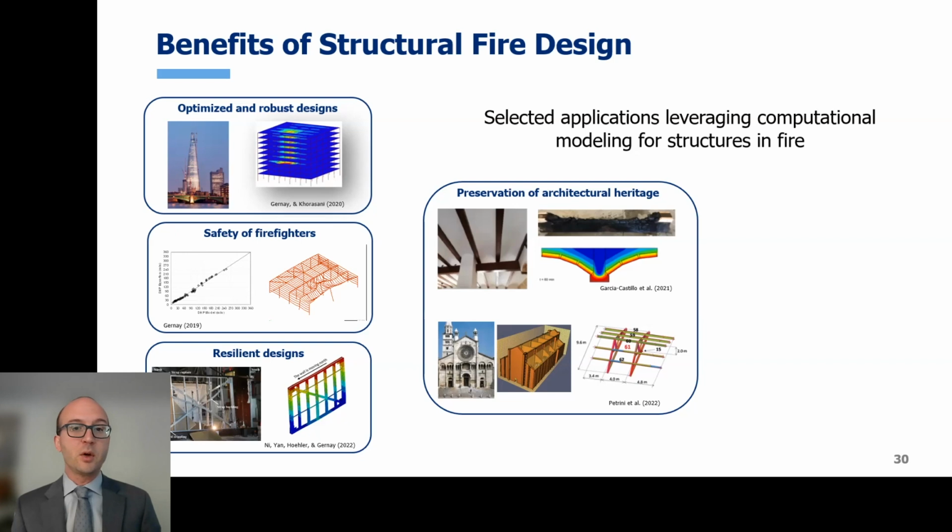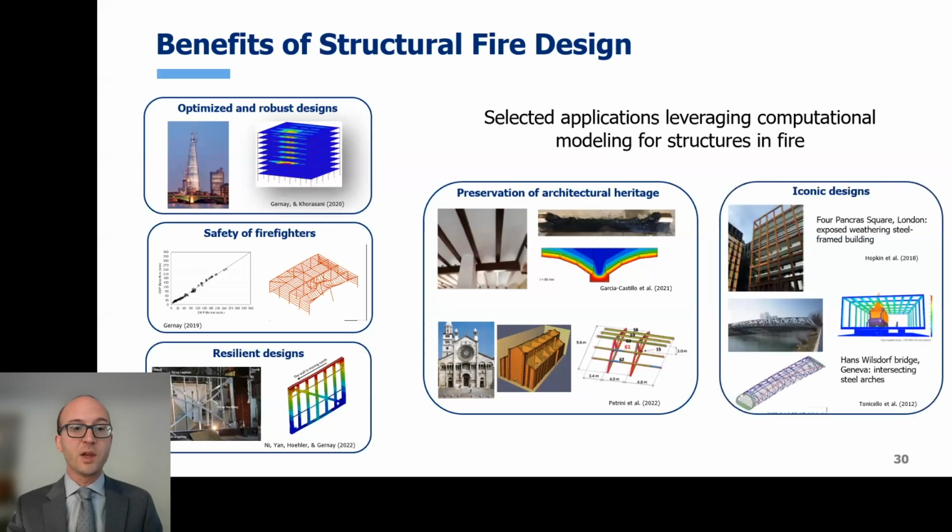And of course, we don't want to use prescriptive requirements. We don't want to use necessarily compartmentation or application of fire resistive or fire protection material, because that would hurt the value, the architectural value of those buildings. So we use modeling to find out alternative solutions, but make sure that they are fire safe.